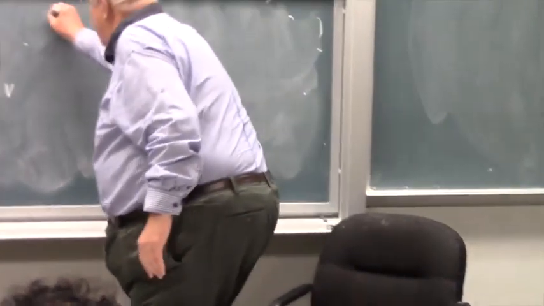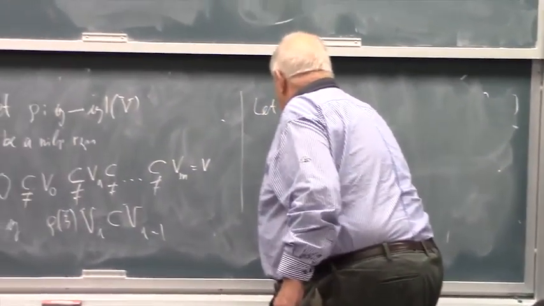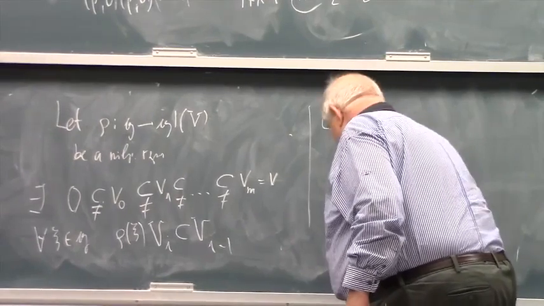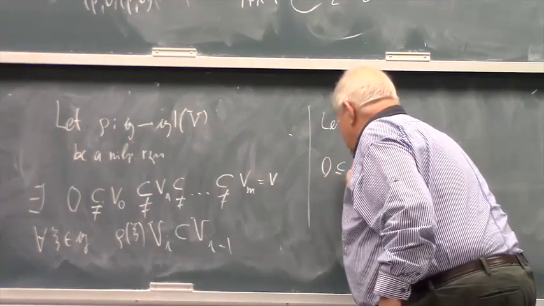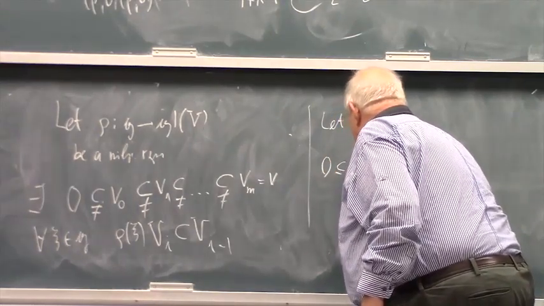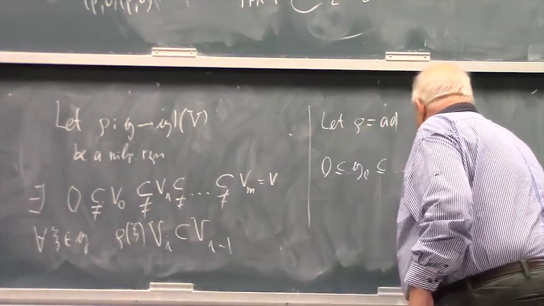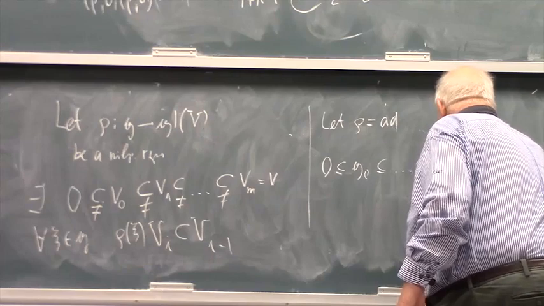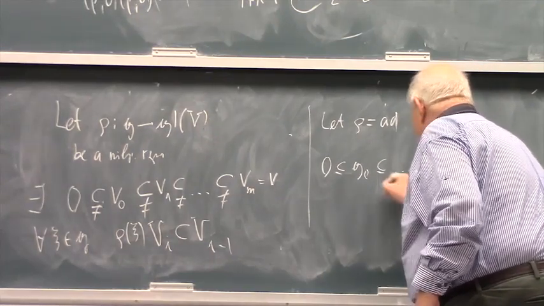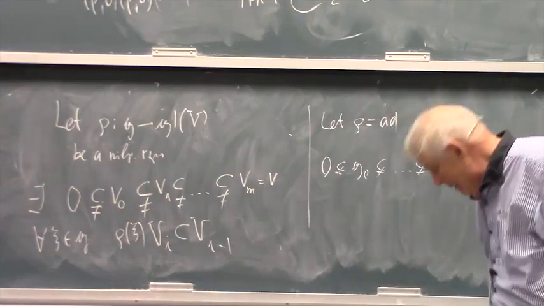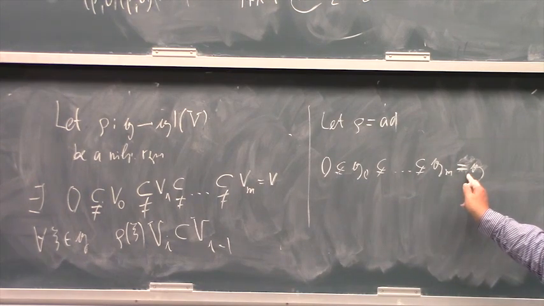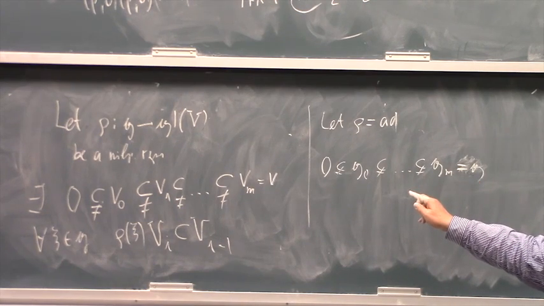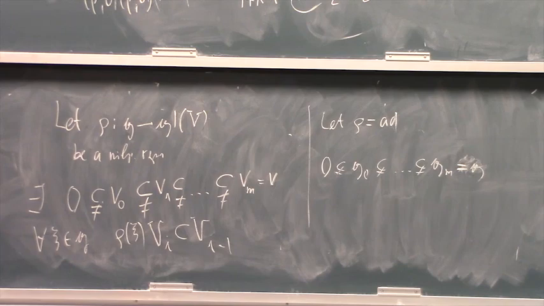Suppose that we have a sequence of subspaces G0, G1, and so on in G, such that for the adjoint representation, well, forget about representations: if you take any element in G and take its commutator with any element of Gi, you will get an element of Gi minus 1.